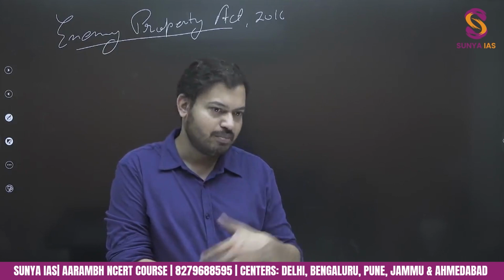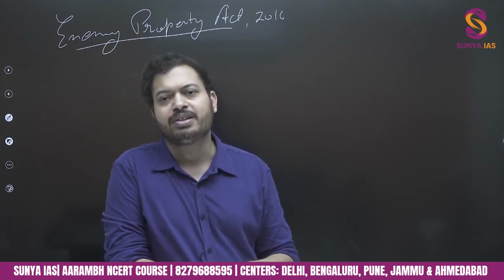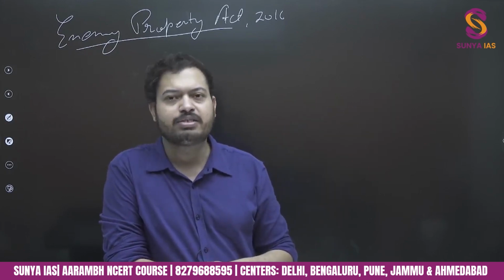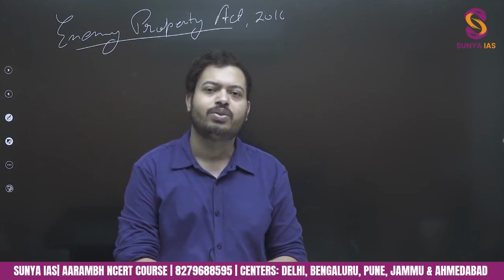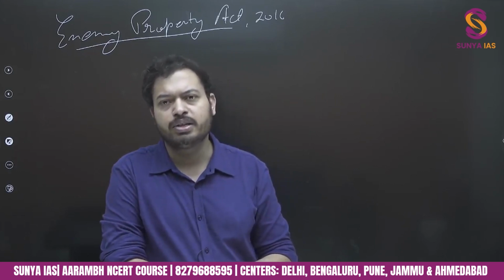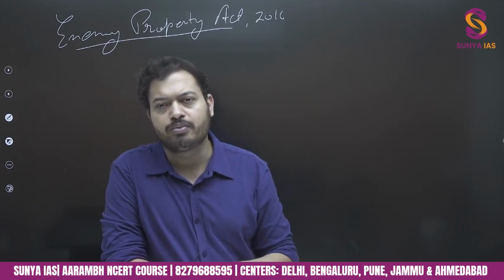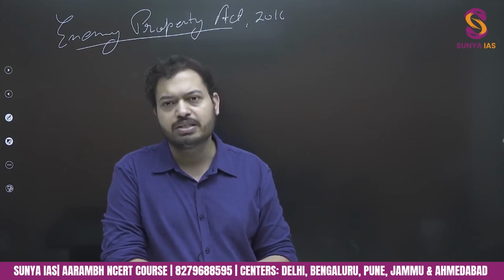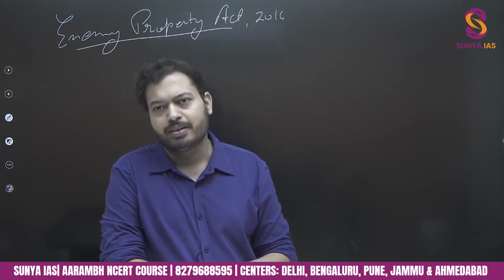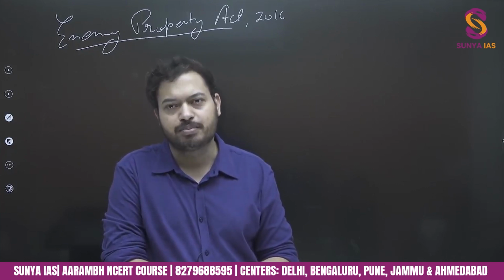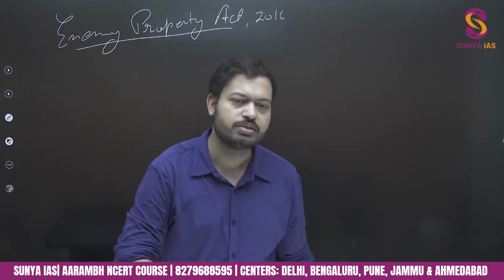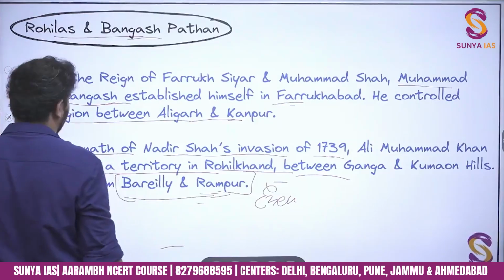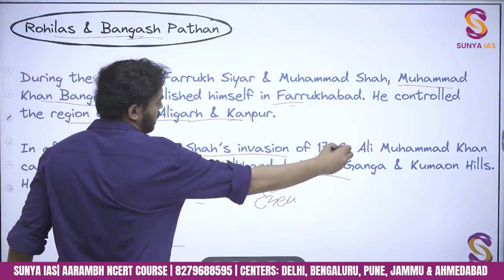Some say that one of the major reasons the government brought in the Enemy Property Act 2016 was to use its sovereign domain to take over these properties, which otherwise would have been impossible to pay the family for. The same family is basically the family of Ali Muhammad Khan.